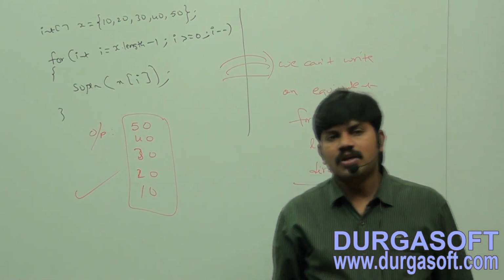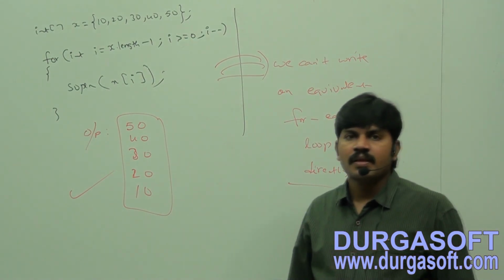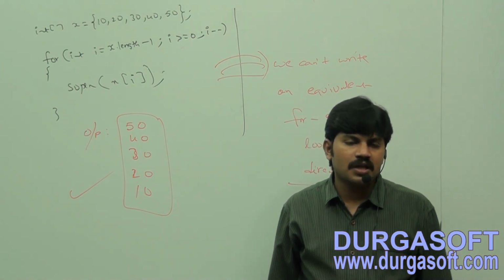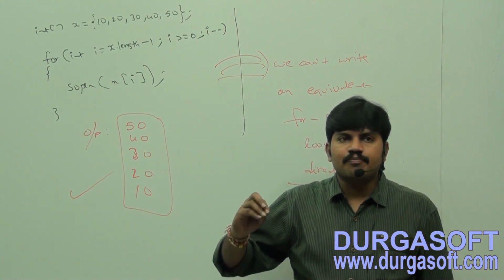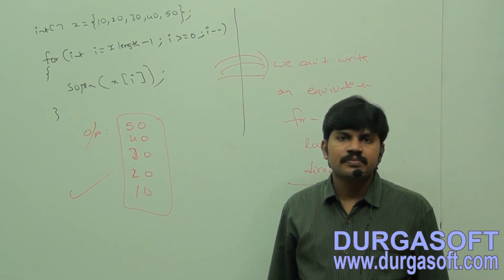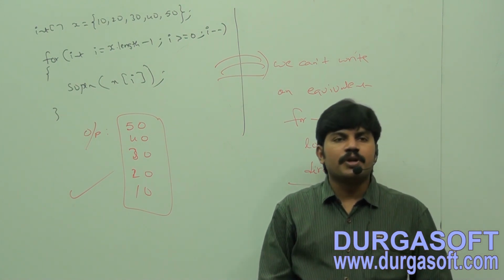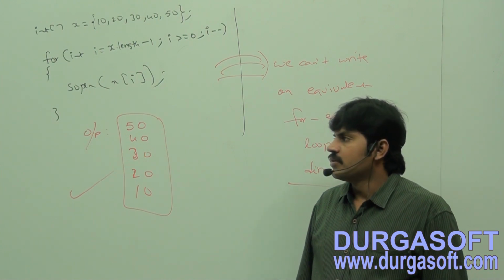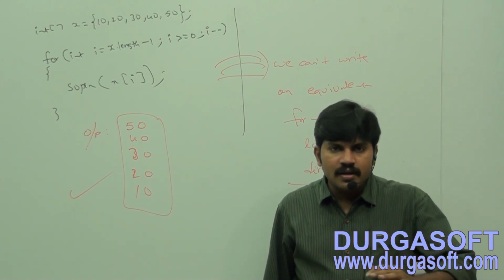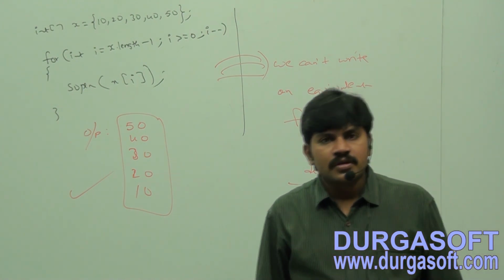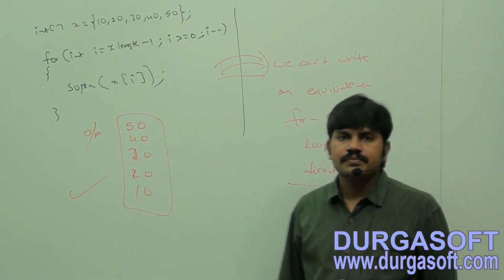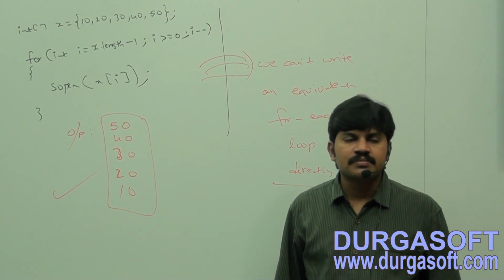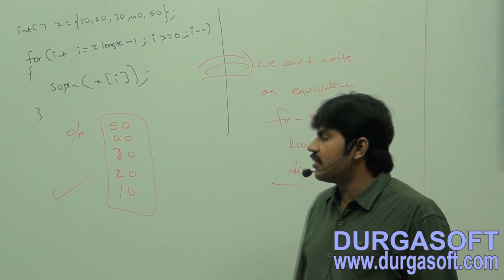By using a normal for loop, we can print array elements either in original order or in reverse order.